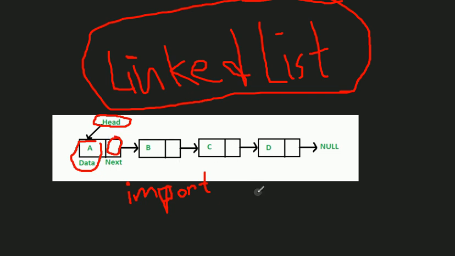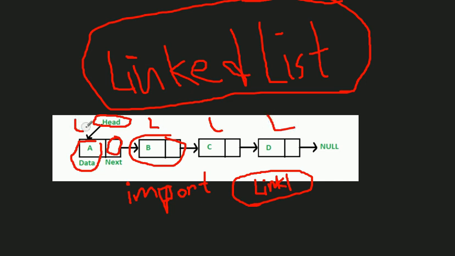That means if my class is L, then there will be a reference of this type which will have the address of another L class. This is an L, this is an L, this is an L. Say this is L1, this is L2, this is L3, this is L4.